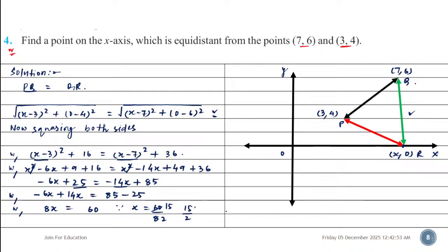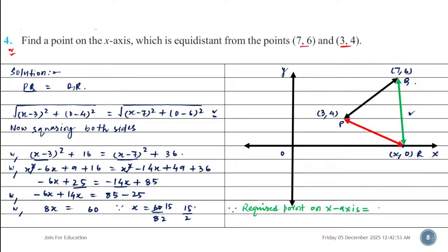So the required point on the x-axis is (x, 0).